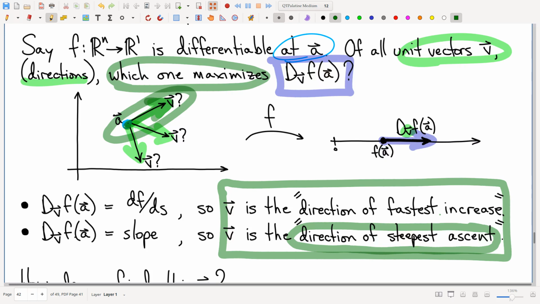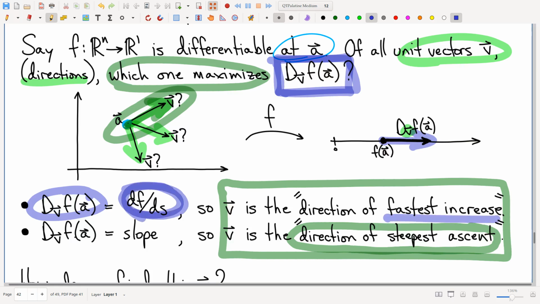Could you repeat that for the first one? Oh yeah, well yeah. So the idea here, if the directional derivative, that's the thing you're trying to make as big as possible, if that's representing how fast the function's increasing, right? Then fastest increase, because we're making the rate that it's increasing as large as possible.